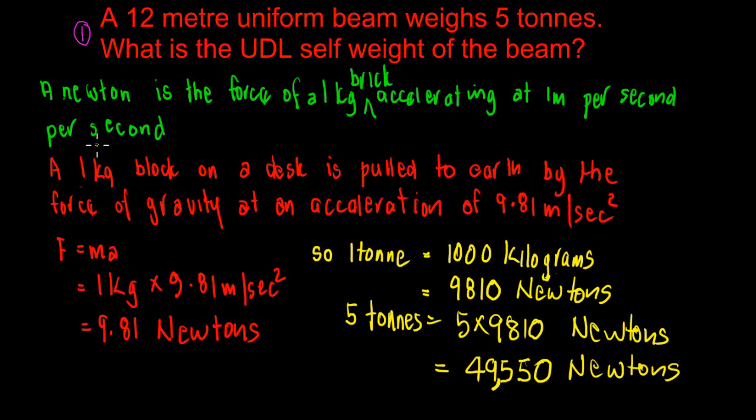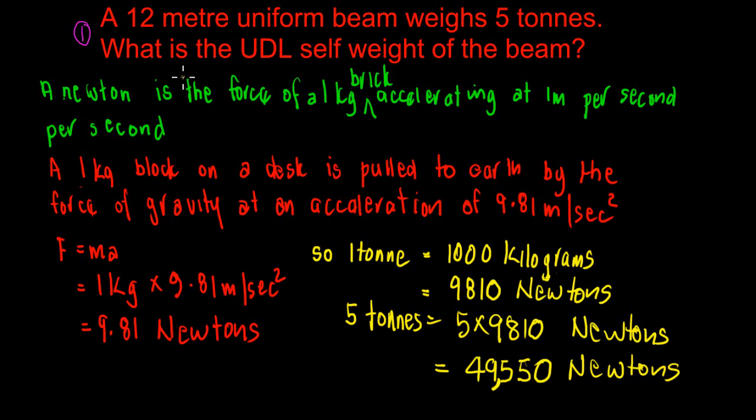Okay, so that's newtons, and we see we're looking at a 12 meter uniform beam that weighs 5 tons. That's the metric ton, which is 1,000 kilograms. What is the UDL self weight of the beam?